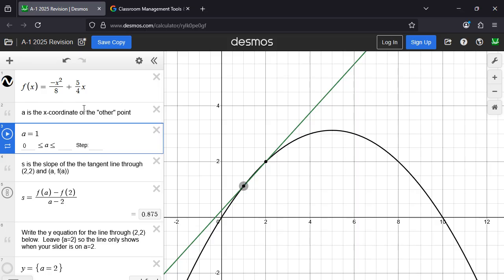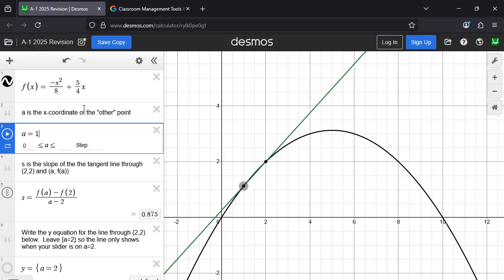The first thing that we want to do here is find the slope of a secant line that goes from x equals 1 to x equals 2, and I have Desmos set up to do that for us right here. It is taking f of 1 minus f of 2, and then doing 1 minus 2 down there. So it is calculating the difference quotient for us for free. So in that first spot in your table where a equals 1, put in 0.875.